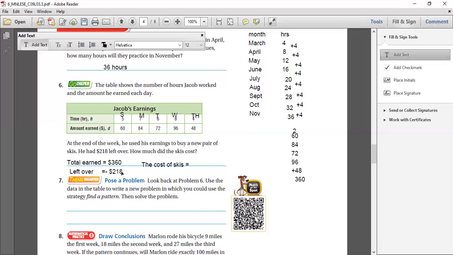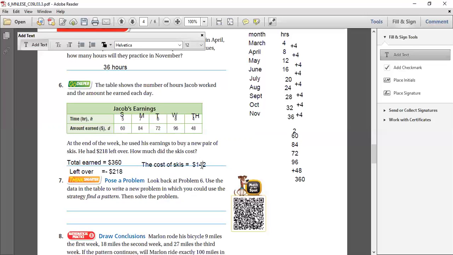You cannot subtract 8 from 0, so we borrow. That will be 5 here, 10. So 10 minus 8 is going to give you 2. Then 5 minus 1 is how much? 4, right? Then 3 minus 2 is going to give you 1. So the cost of skis is $142.